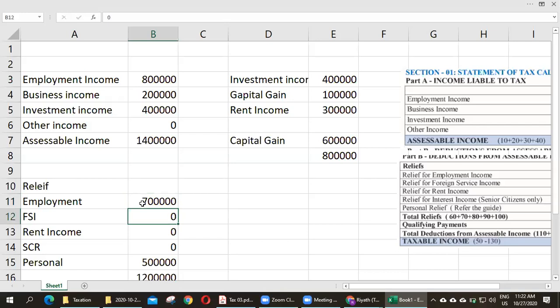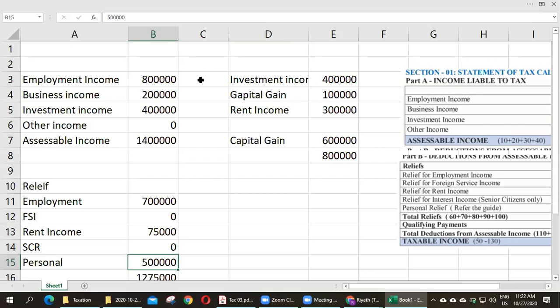Right. He does not have any foreign service income. Rent income, right? He has rent income. Therefore, he is eligible to get 25% of rent income. Rent income is 300,000 into 0.25, 75,000. He's not a senior citizen. And also, how much personal relief?